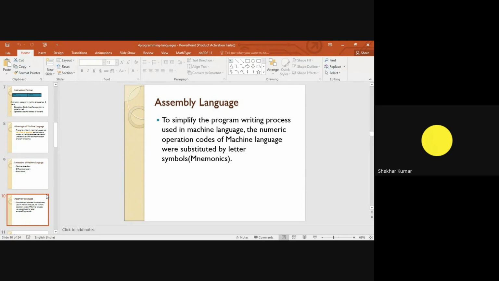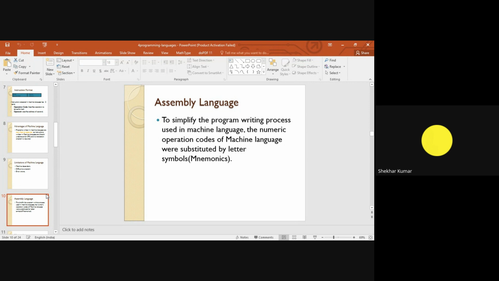It contains the same instructions as machine level language, but the instructions given by the user and the variables have specific names in this language, instead of just binary numbers, instead of just binary representations.